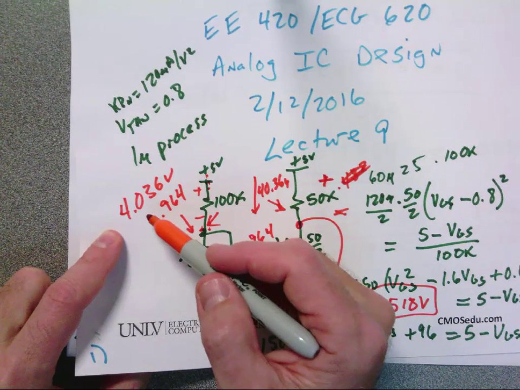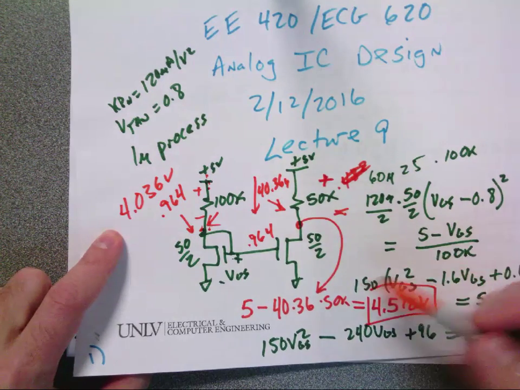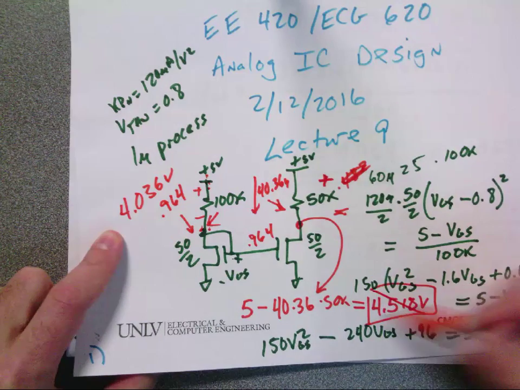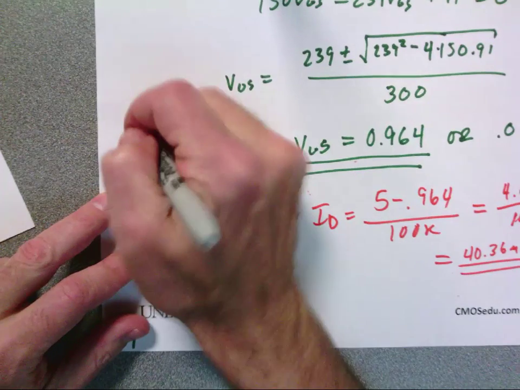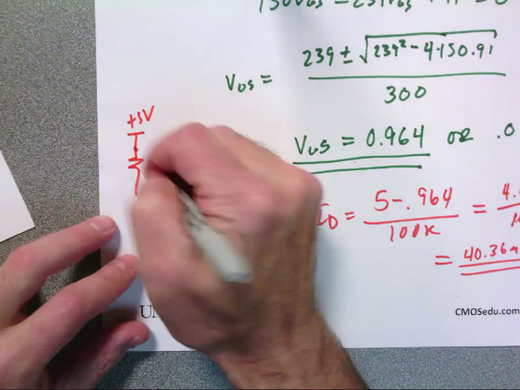Does everybody follow that? And so I take that, and the voltage then across here would be, so this is wrong. So let me draw it neat, just because I'm not drawing it nice. Having nightmares of grading your homework.